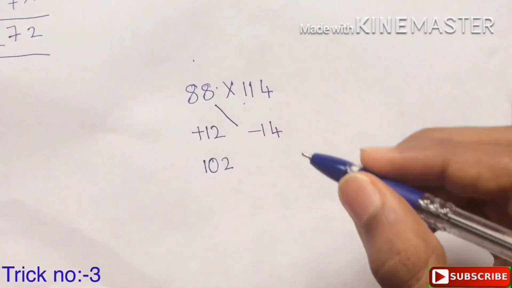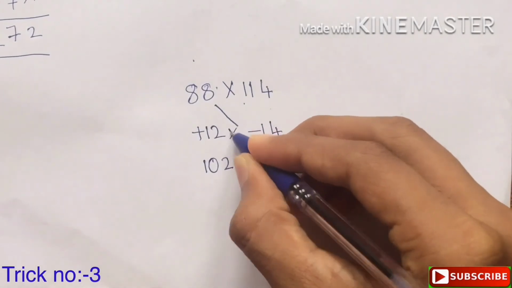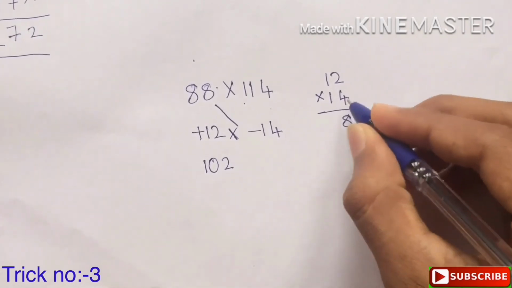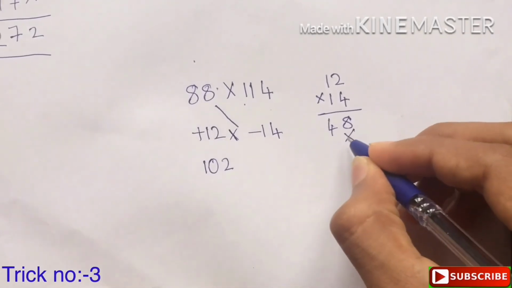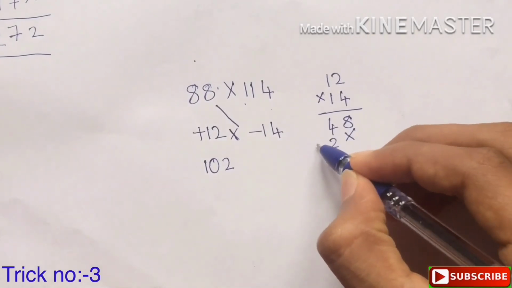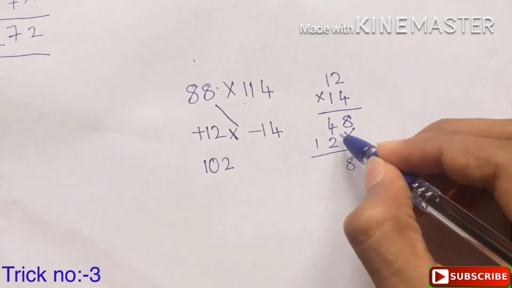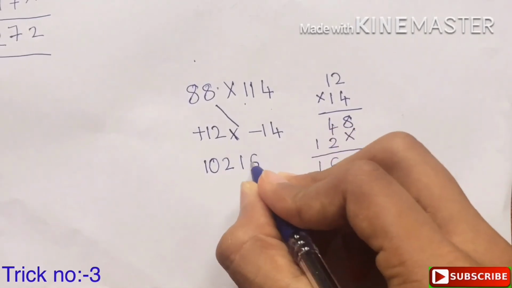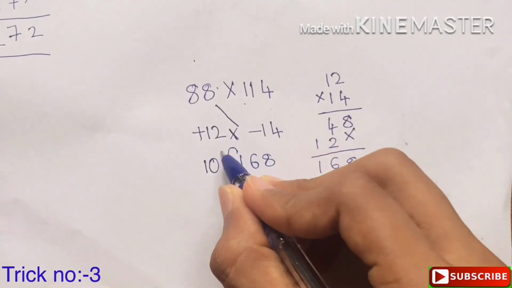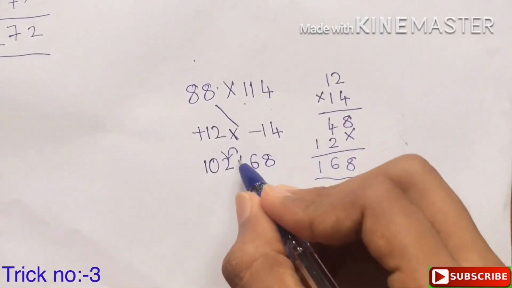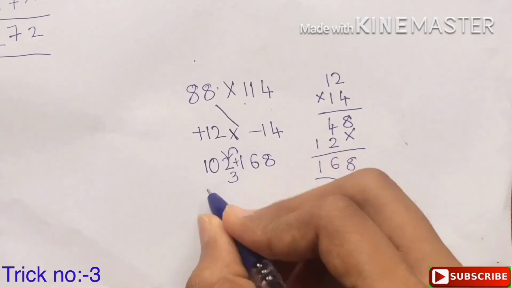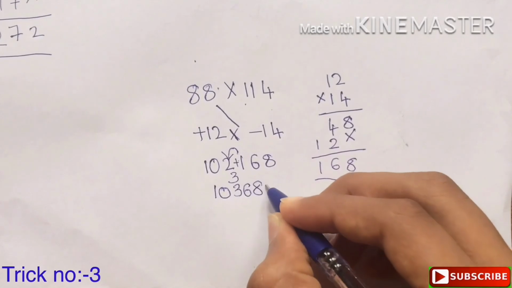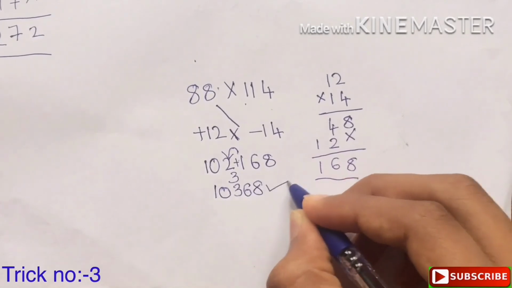And then 12 multiplied by 14. 2 4s are 8, 4 1s are 4, and 1 2s are 2, 1 1s are 1. 8 as it is, 4 plus 2 is 6, and 1 as it is, 168. Now we have got 3 digit numbers, so 1 will be carried to 2, and 2 plus 1 is 3. So 10368 is our correct answer for 88 multiplied by 114.